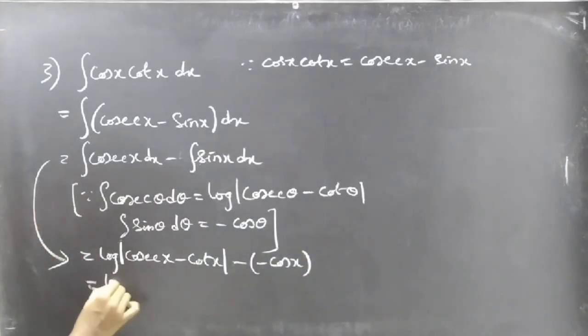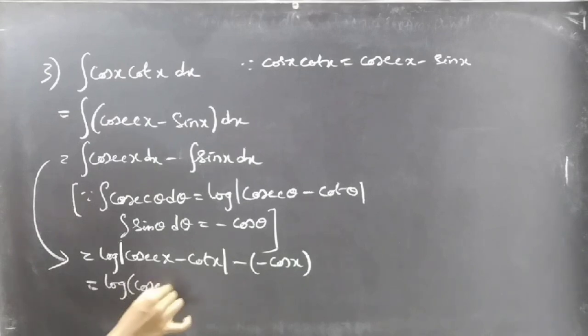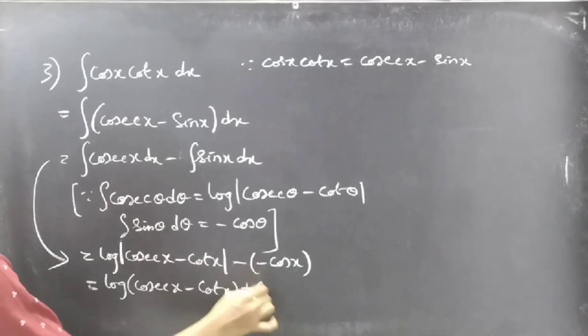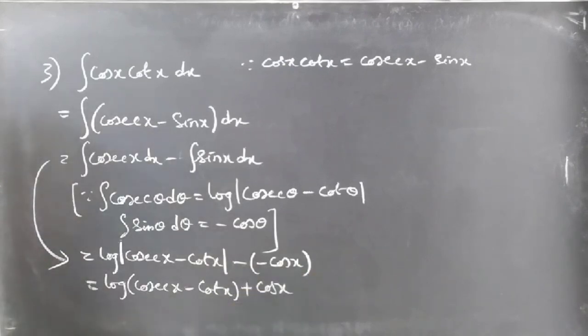This gives us log of cosecant x minus cot x, minus into minus, plus cos x.